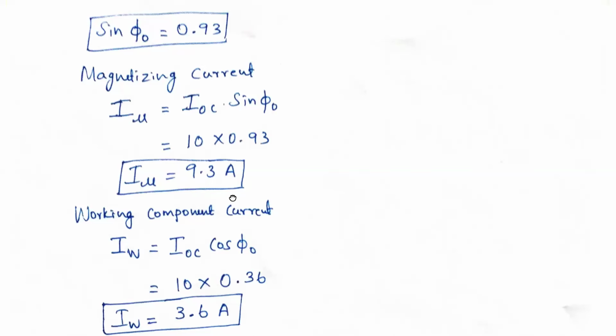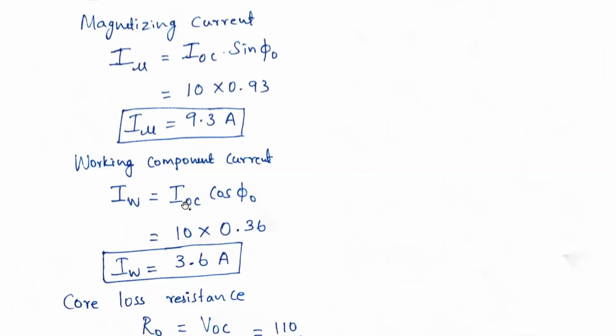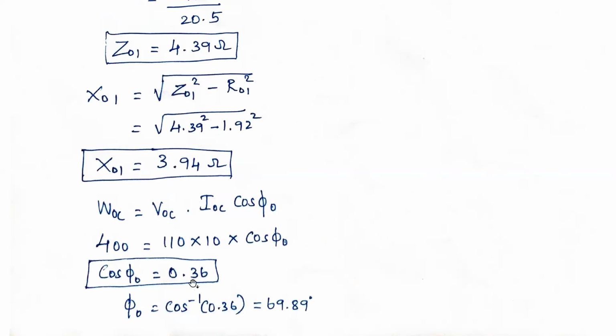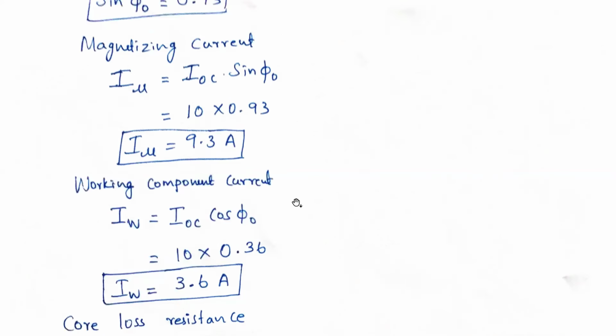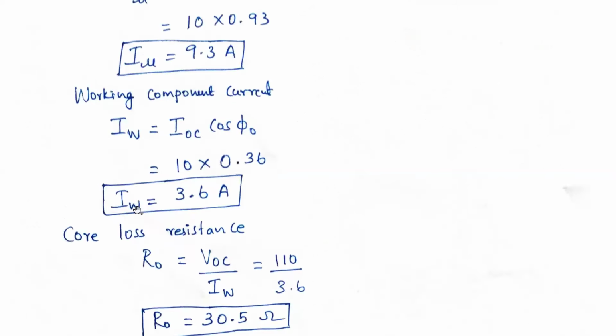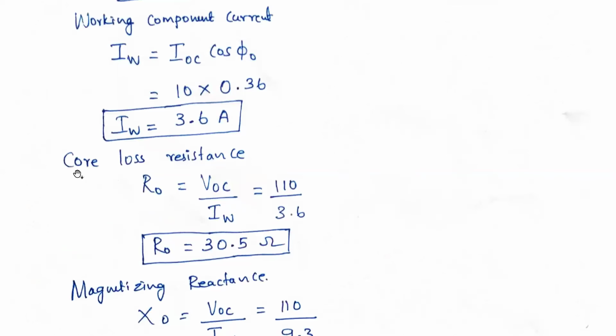Now the working component current: I_W is equal to I_OC into cos phi naught. I_OC is 10 amperes, and cos phi naught is already calculated as 0.36. If you substitute, we got the working component as 3.6 amperes. Now the core loss resistance R0 we are also going to calculate.